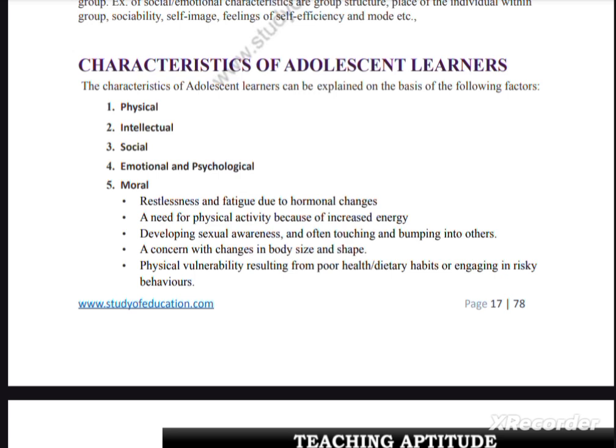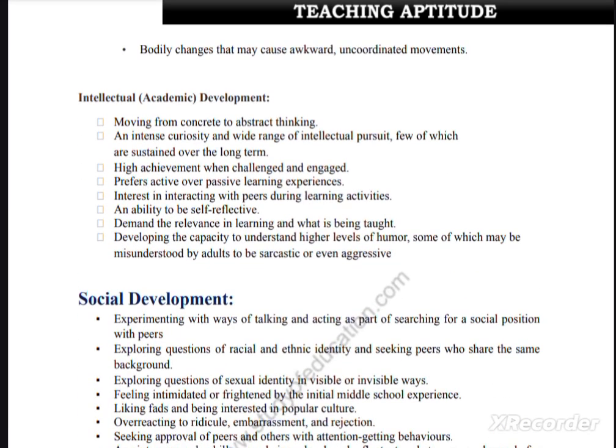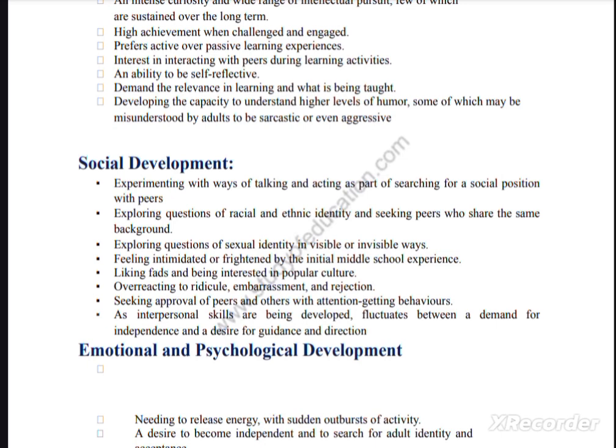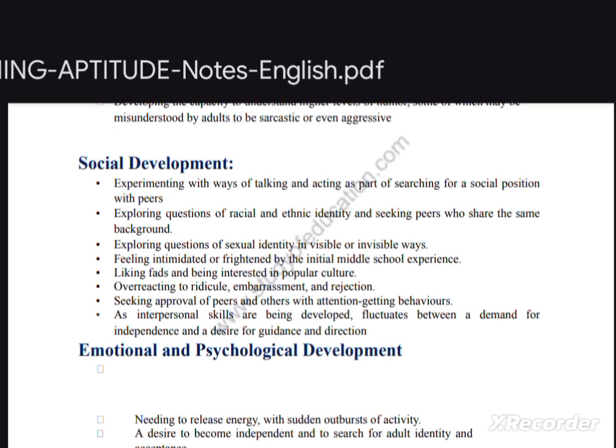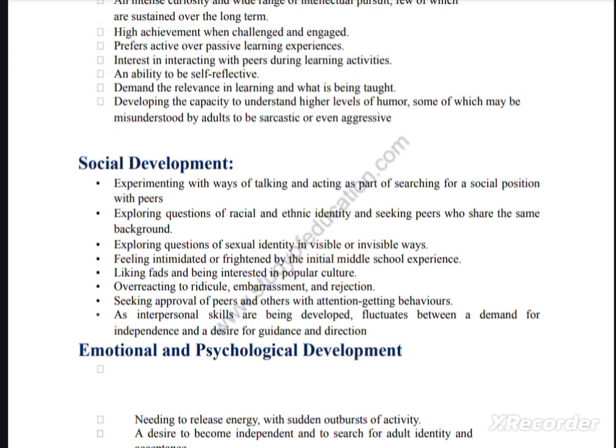And in the case of intellectual, most of the adolescent learners may be fit. And in the case of social, social development may take place by searching for a social position with peers and friends.